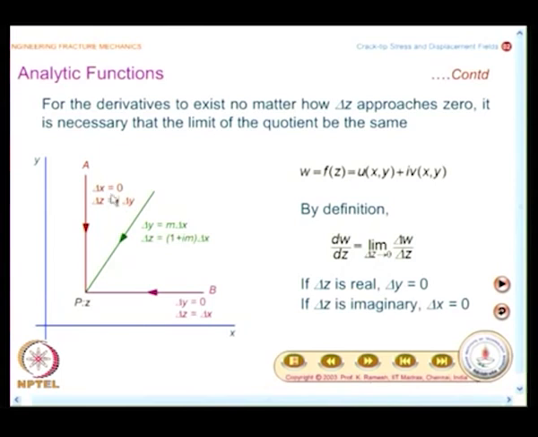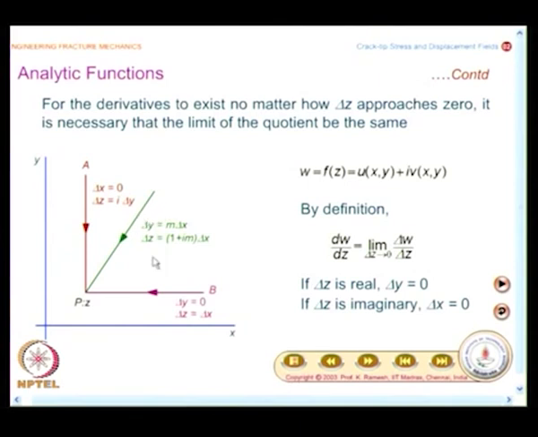In the first case, delta x equal to 0, delta z equal to i delta y. So, it varies like this. The second case, you have delta y equal to 0, delta z equal to delta x. So, it varies like this.